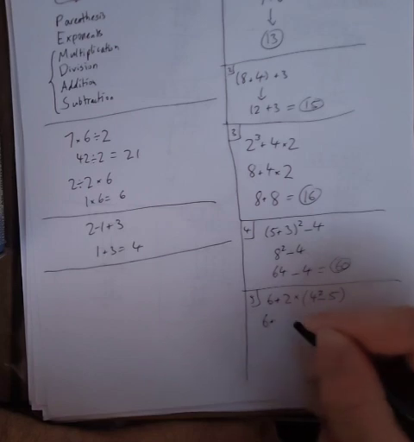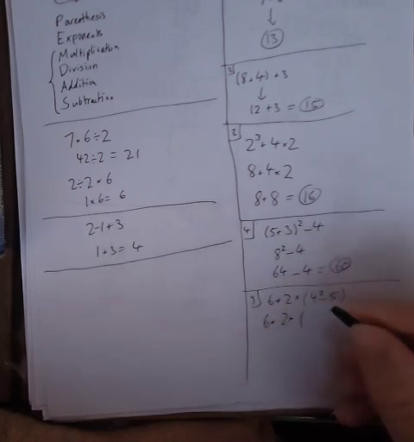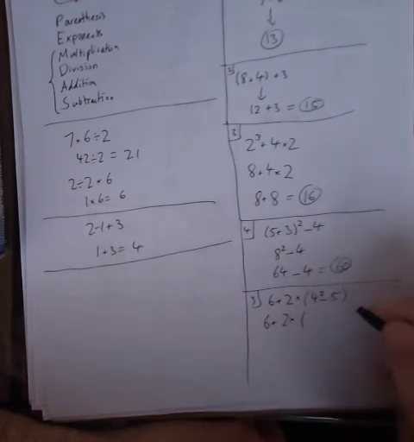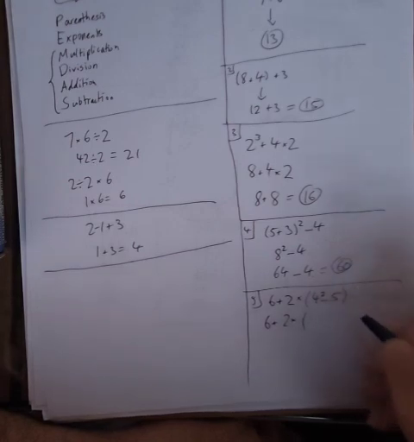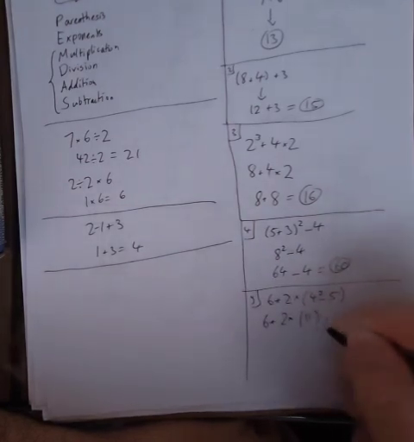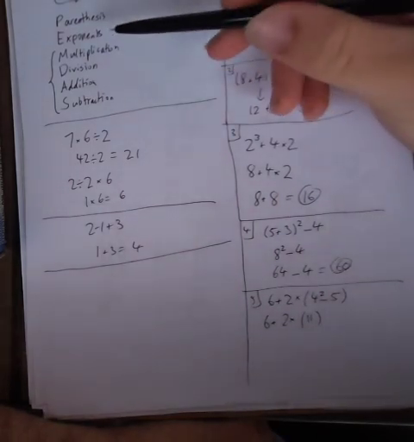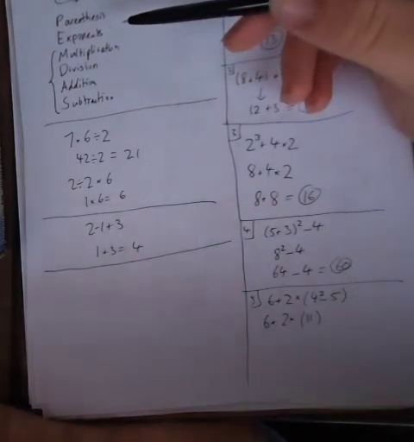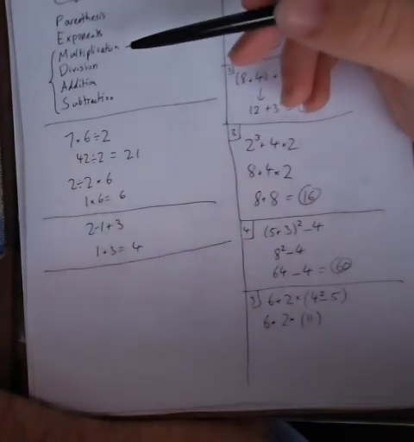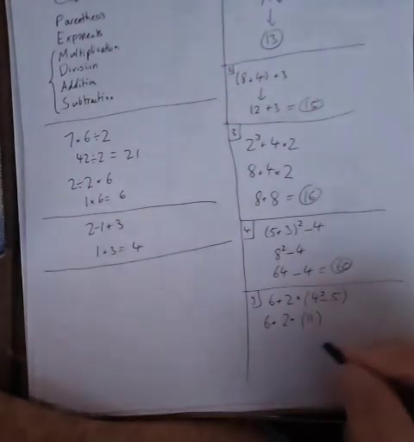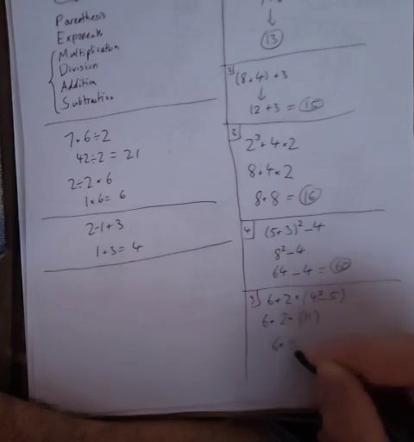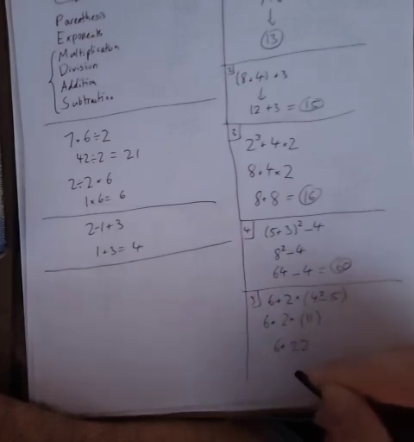Well, let's bring all this down. 4 to the power 2 is just 16, right? And then 16 minus 5 is just 11. So what's inside the parentheses is 11. Now, we did parentheses. Any exponents? Not anymore. We got rid of the exponent because it was in the parentheses. Multiplication? There is multiplication. 2 times 11 is 22. And now the only operation left is addition. So we should get 28.